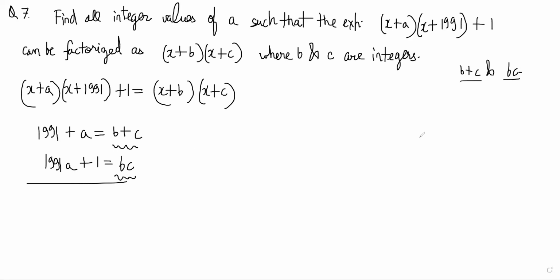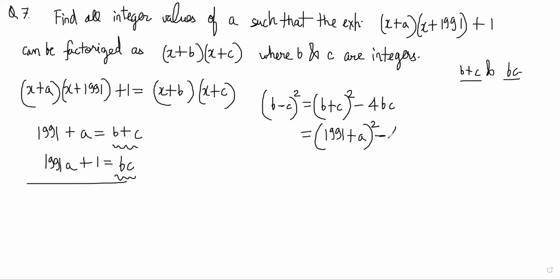Basically, you want to do (b - c) whole square, right? That is equal to (b + c) whole square minus 4bc. So this will be (1991 + a) whole square minus 4 into (1991a + 1).